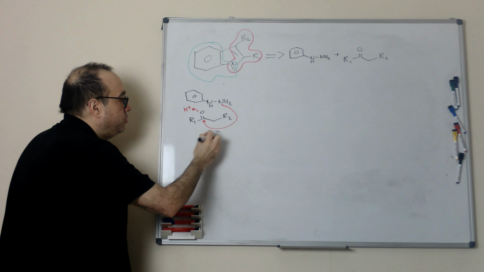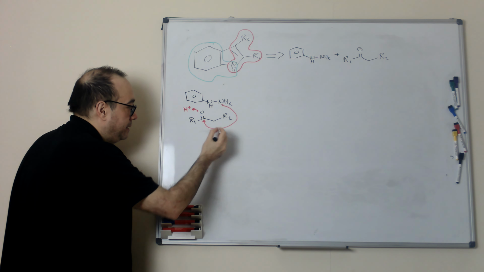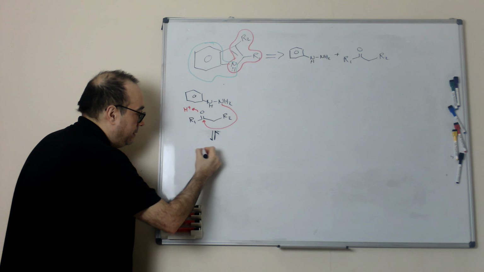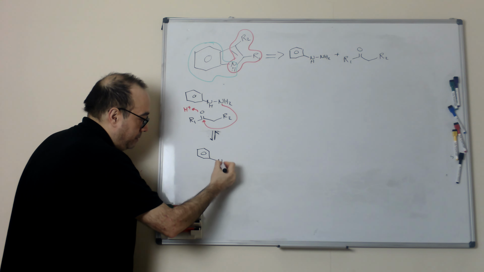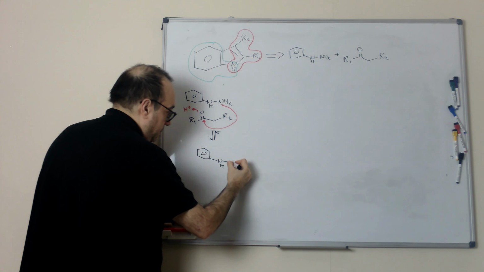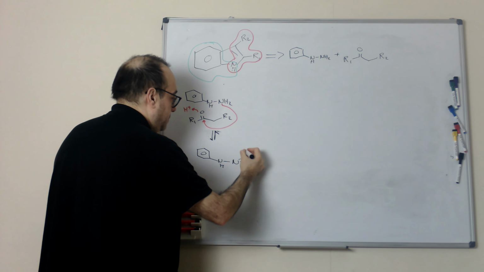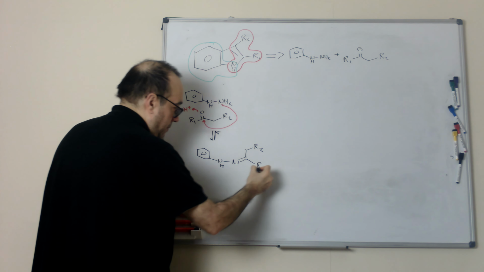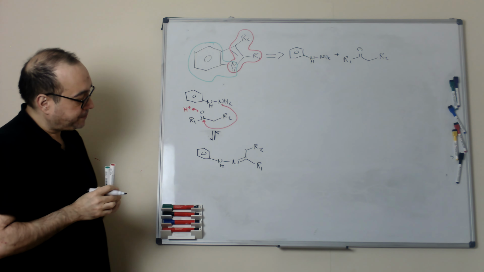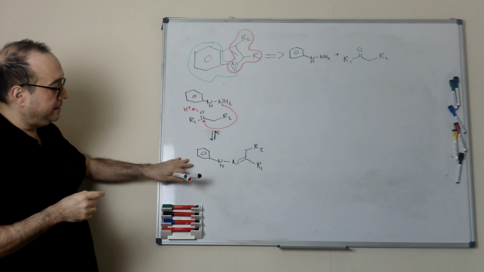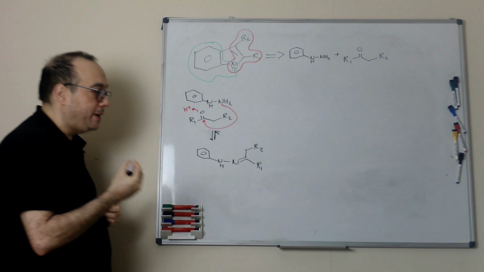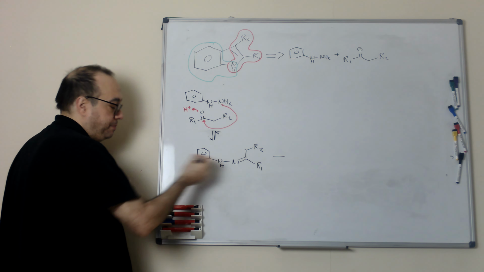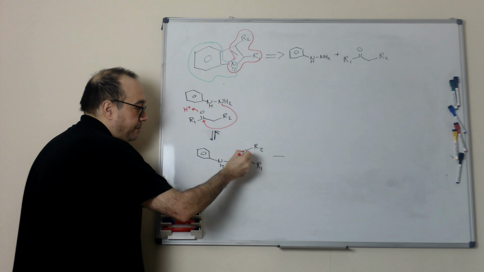And as usual, this is an equilibrium. What we get is this compound here. Then this hydrazone tautomerizes. If you only check this part of the molecule, this is an imine.